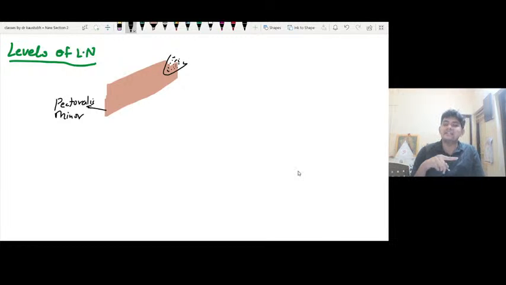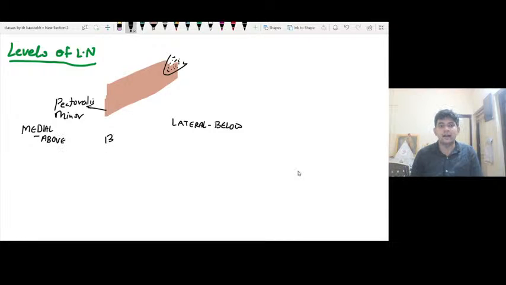So now in relation to the insertion of pectoralis minor muscle, either it would be lateral and below, or it would be medial and above, or it would be behind. Right? These could be the three relations to the insertion of pectoralis minor muscle and its fibers.